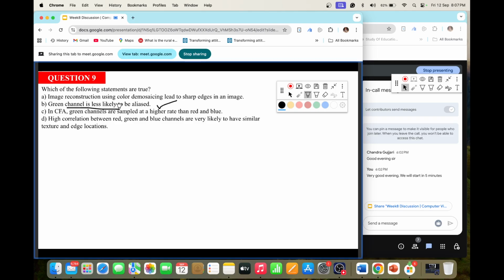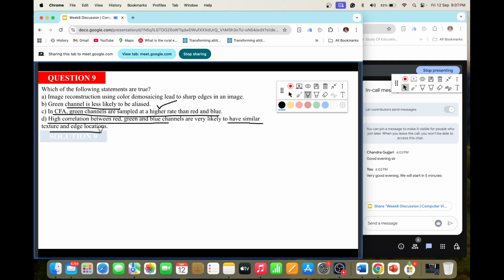Because green channel is less likely to be aliased. Second, in CFA, green channel is sampled at a higher rate than red and blue channel. You can see that there are approximately twice as many green pixels as red and blue. And then high correlation between red, green and blue channels are very likely to have a similar texture, edge and location. That is why we can do the approximation or the interpolation.